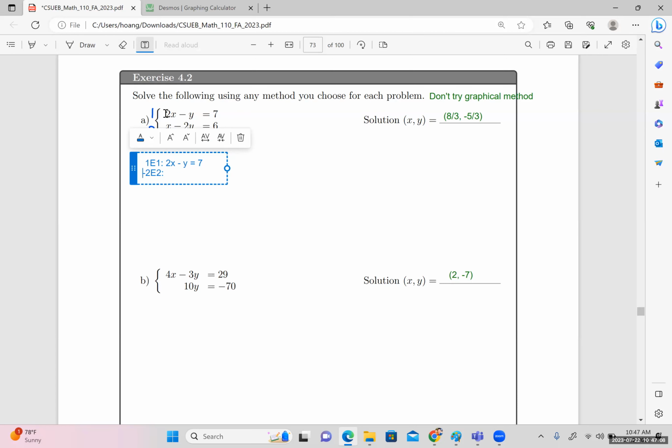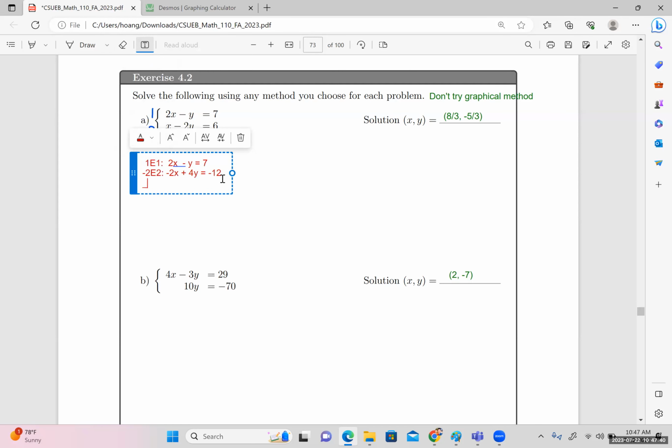So it does not change that. For the second one, it's going to be -2x and -2 times 2 will be plus 4y equal to -6. 6 times -2 will be -12. All right.